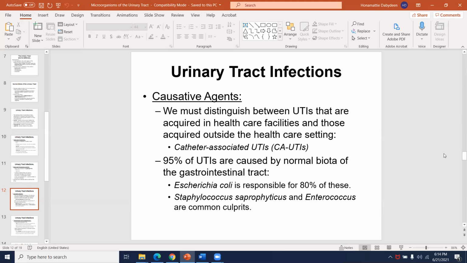But a lot of times you're going to have the gram-negative rods, E. coli and Enterobacter and Klebsiella. Things like Proteus, Pseudomonas. Those gram-negative rods, you get a lot in the urine, causing urinary tract infections. Okay.